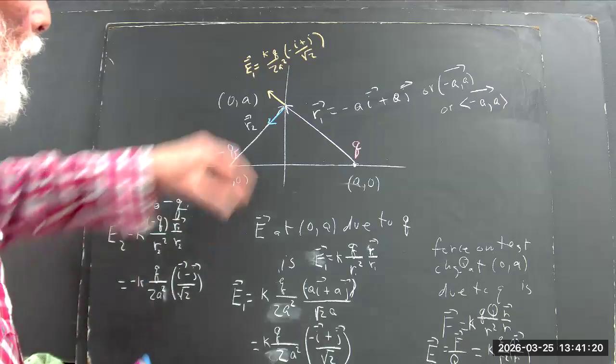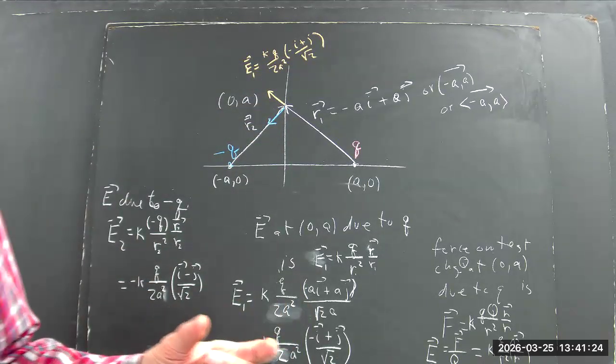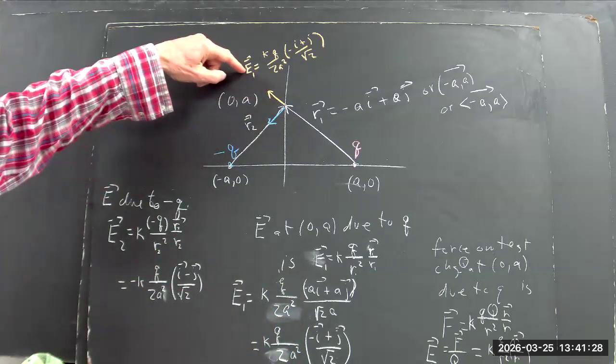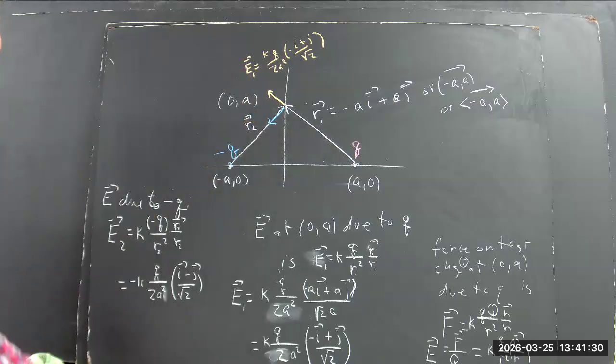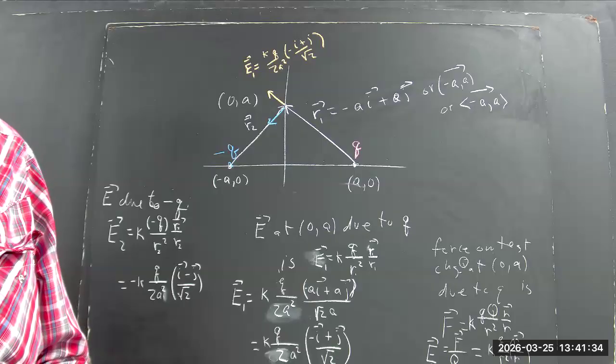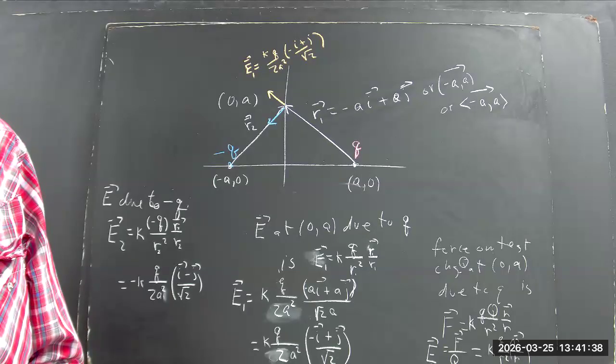Now, what's going to happen if you add these two vectors? What's the direction of the sum going to be? Okay, a vector pointing up to the left and a vector pointing down to the left. There's a lot of symmetry. Put those vectors head to tail and get the resultant. Do that.